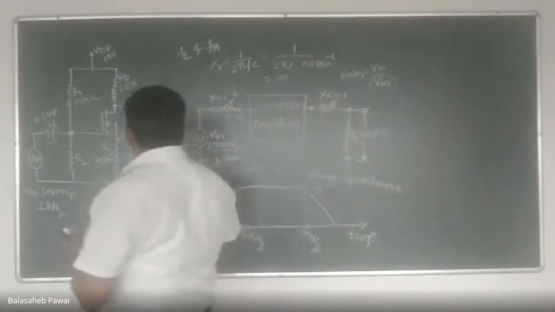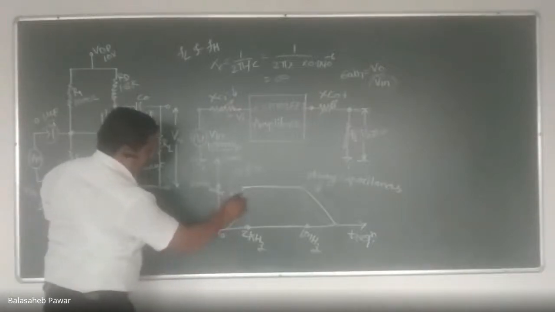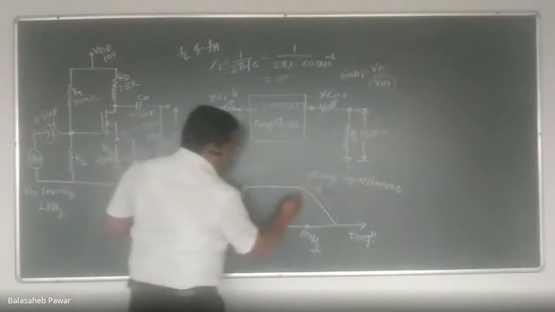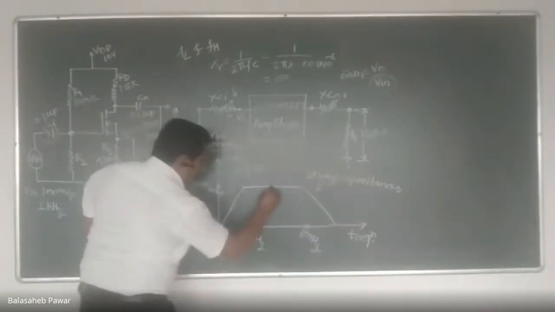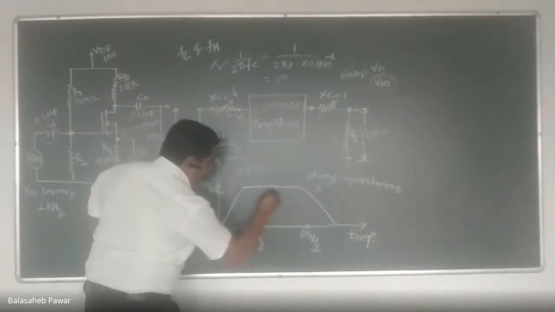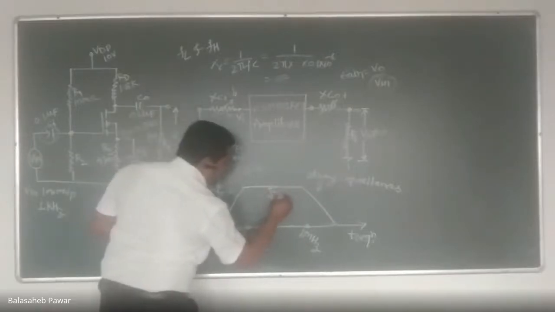So what are FL and FH? See, whatever gain you are getting as the maximum gain, just go down by 3 decibel, or 70% of that maximum gain. This is nothing but minus 3 dB gain.